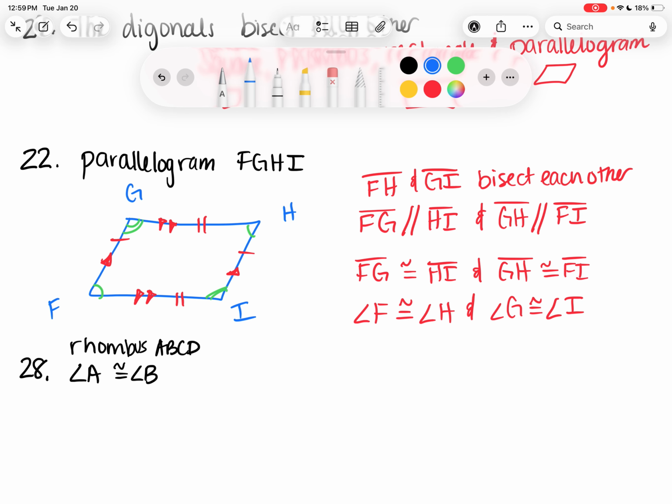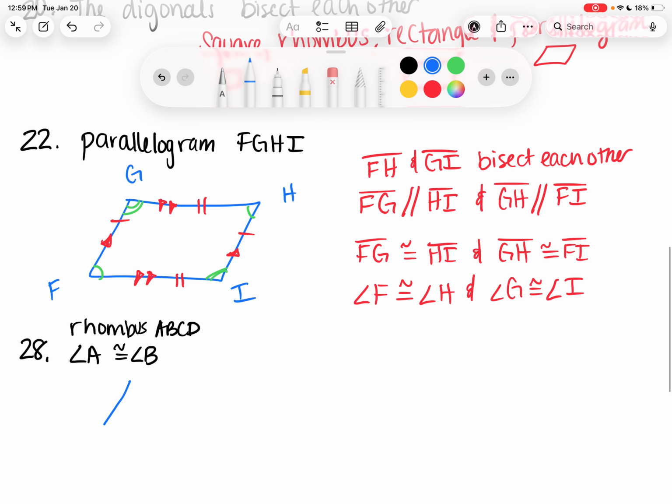So I have my rhombus ABCD. Is angle A congruent to angle B always, sometimes, or never true? Never true. You sure? Never. Yeah, we just confirmed that.